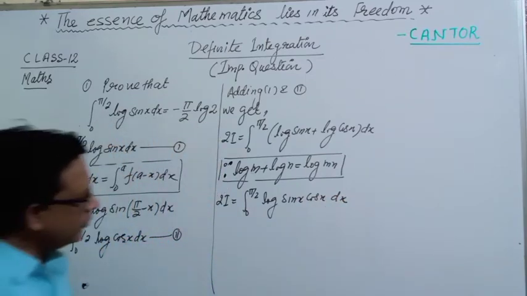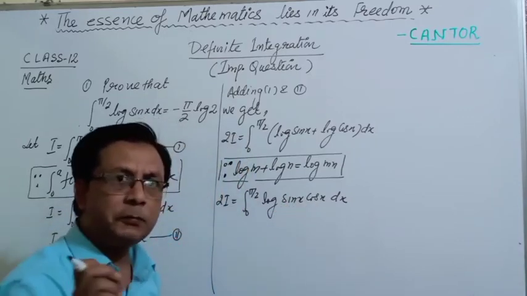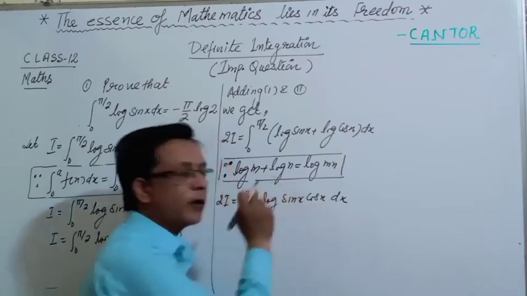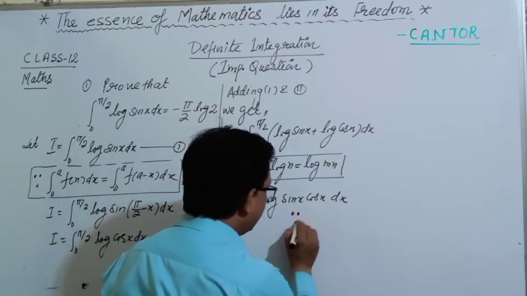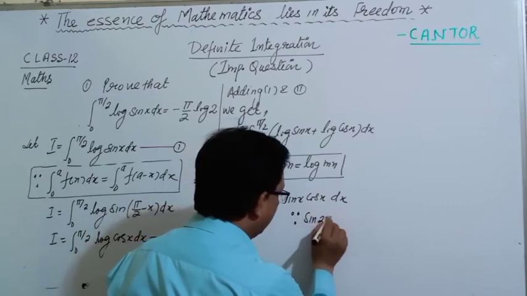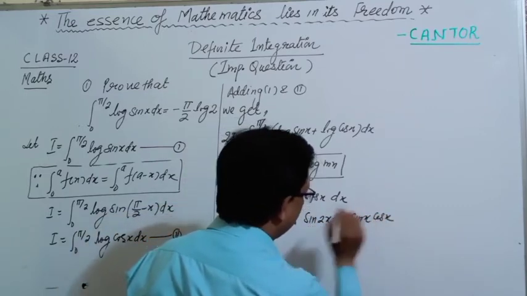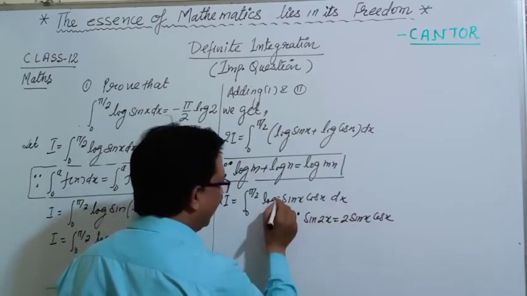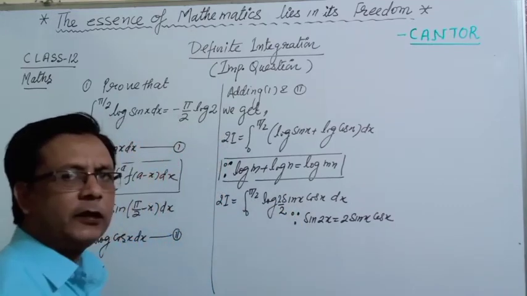Now students, we see that here is sin x cos x. Is anything missing here? If 2 is present here, this becomes the formula of sin 2x, because we know that sin 2x is equal to 2 sin x cos x. So for the 2 here, we multiply and divide by 2.